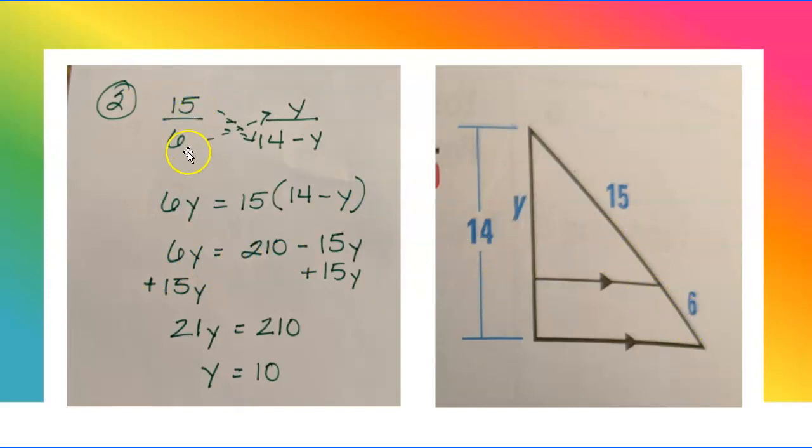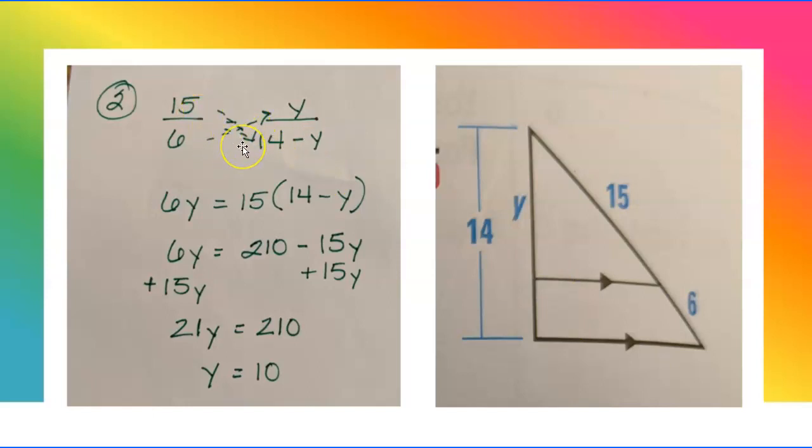Here we go, 15 over 6. And then y is the little part that coincides with 15. So I'm going to put y over, and then here's my total. 14 minus y will give me this little piece right here. So I put 14 minus y.